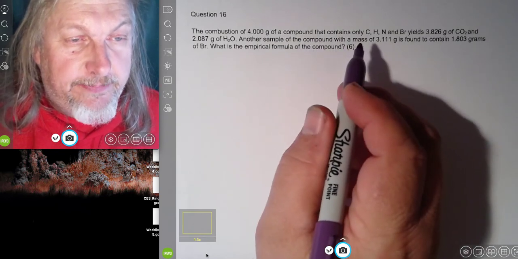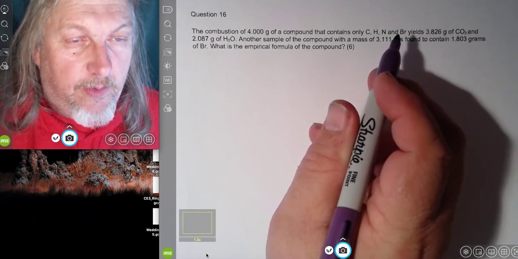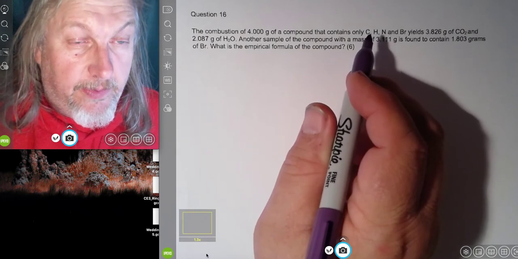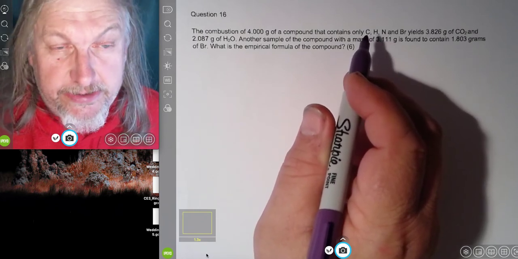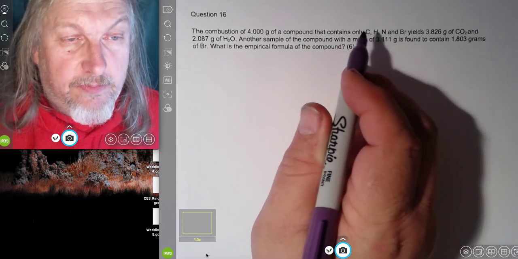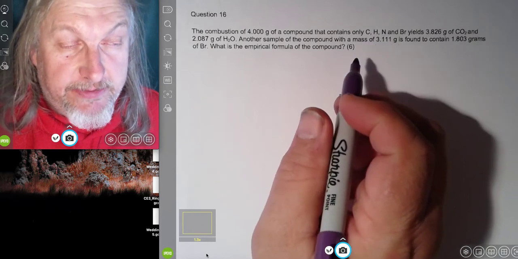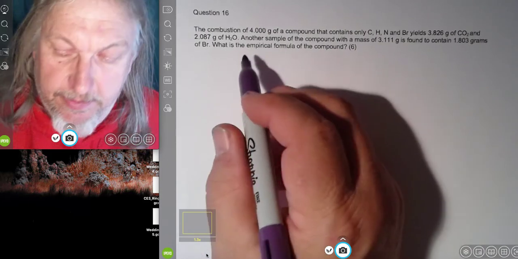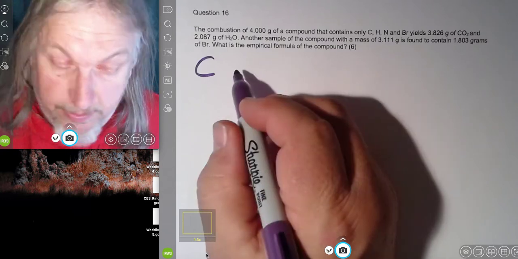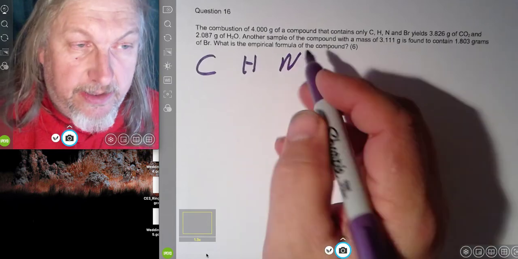If I get the percentage of bromine, which I can now, and I can calculate carbon and hydrogen, then I can get the percentages, and with those three I can get the percentage of nitrogen. So let's figure it out. I've got carbon, hydrogen, nitrogen, and bromine.